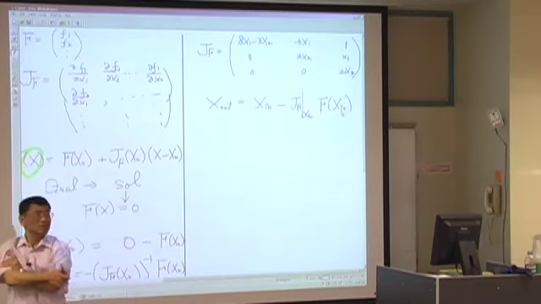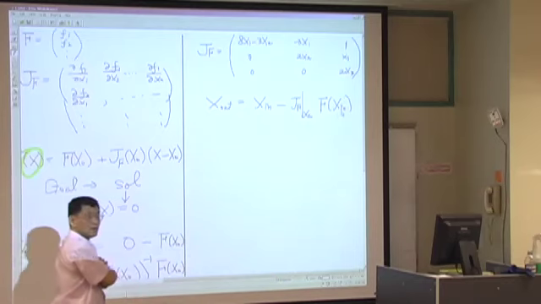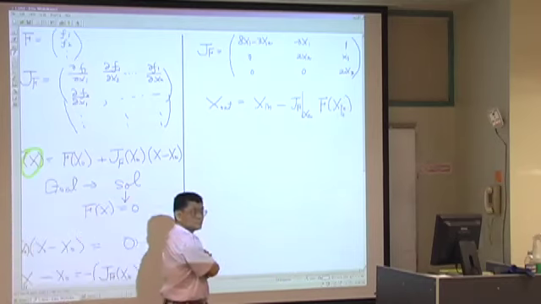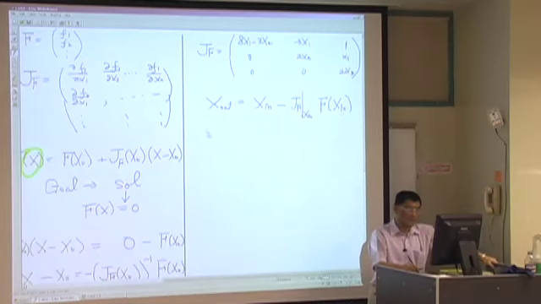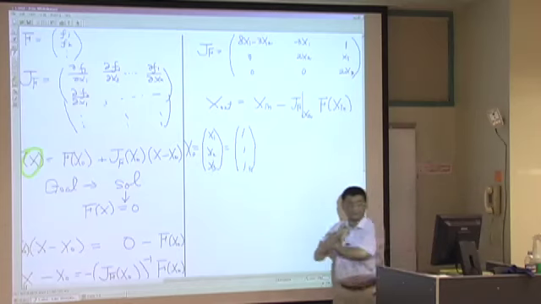And then using Newton's formula, we should iterate. So initially, we can guess this way: x1, x2, x3, which is x, or x0, is equal to, initially we say, 1, 1, 1. So we guess the solution.